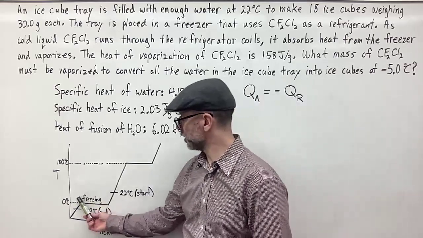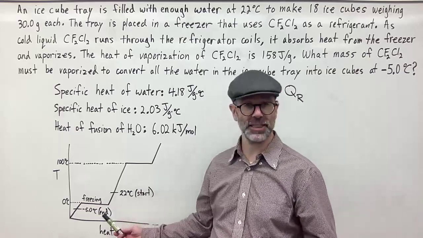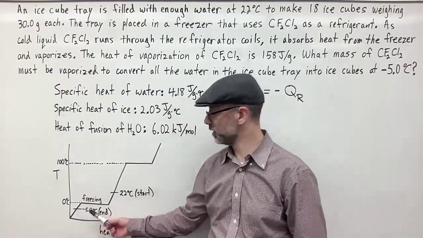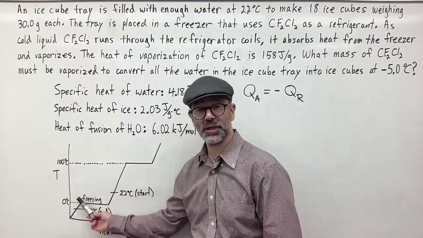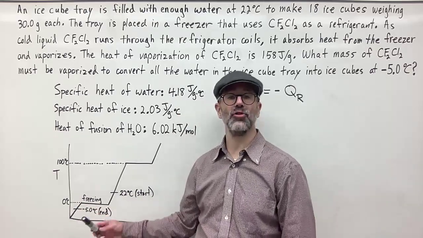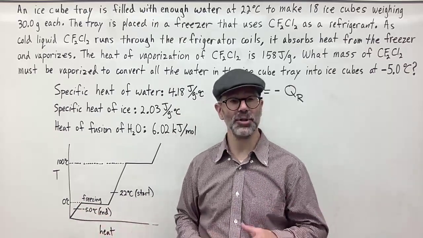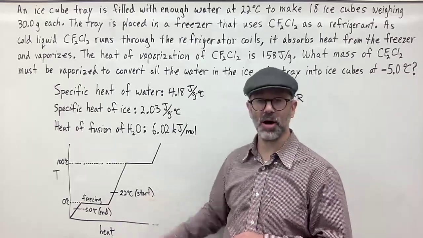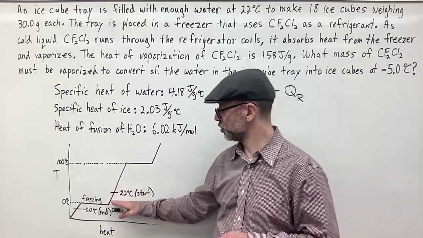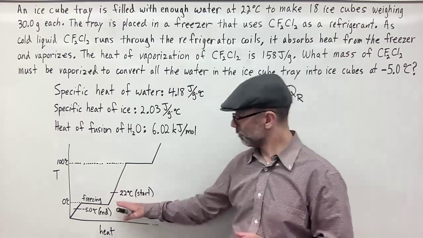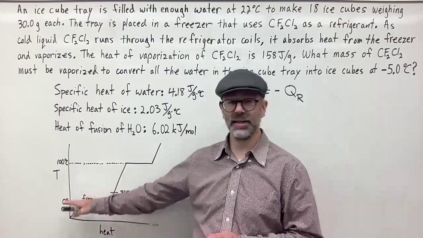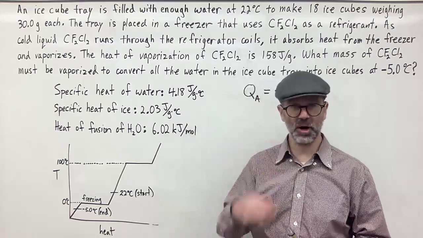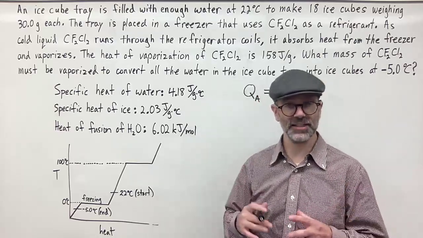But then we have to consider the amount of energy lost during the freezing process. And then once all of the water is frozen, we now have to calculate the amount of heat that is lost due to the temperature change of the ice. So we have three parts: the temperature change due to the water, the freezing of the water, and the temperature change of the ice once it's frozen. So that's three parts that we have to take into consideration.